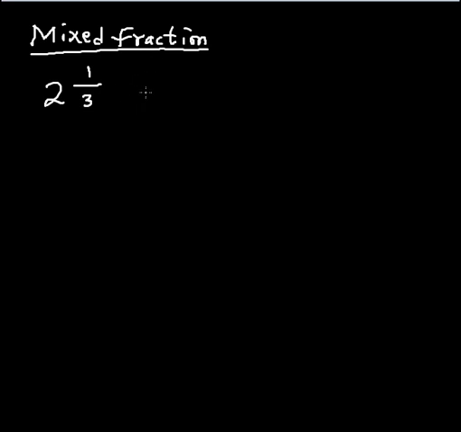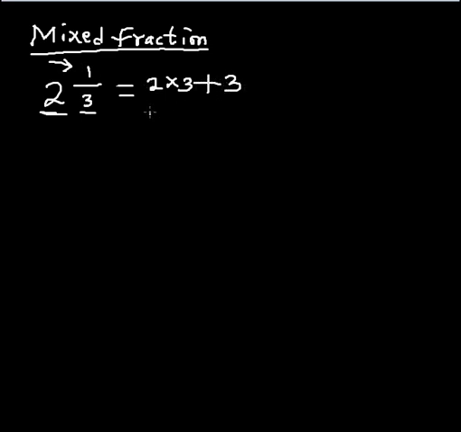Anytime you have a mixed fraction, it is always advisable, before you simplify, to convert every mixed fraction to an improper form. You don't simplify fractions in a mixed form. So this is 2 whole number 1 over 3. To convert this to an improper form, I multiply the denominator by the whole number, 2 times 3, then I add the numerator, plus 1.